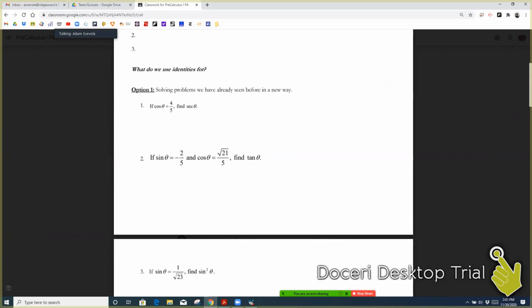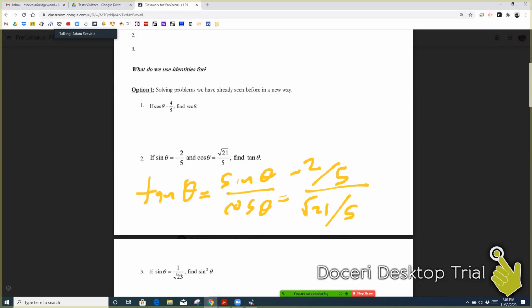Like in number 2, we could have drawn a picture. Or now that we know tan of theta is equal to sine over cosine, the tan of theta is going to be the sine of theta divided by the cosine of theta. So it's going to be -2/5 divided by √21/5.